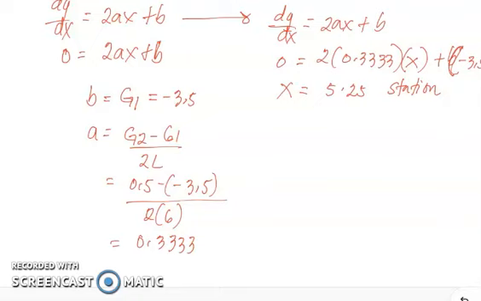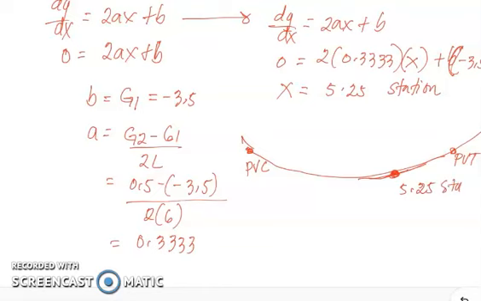If we sketch this curve, this is our PVC, this will be our PVT, and this will be the position of our lowest point, which is 5.25 stations from PVC.